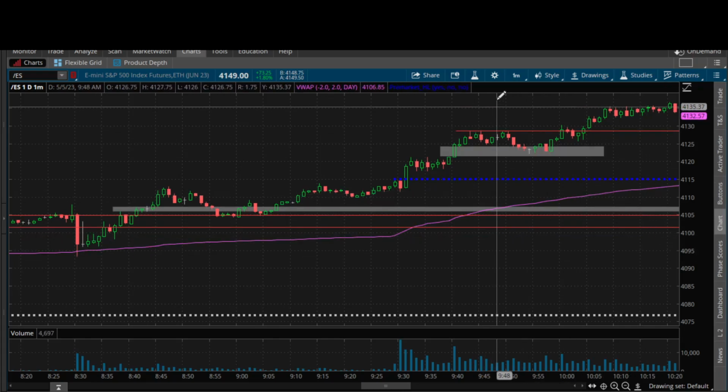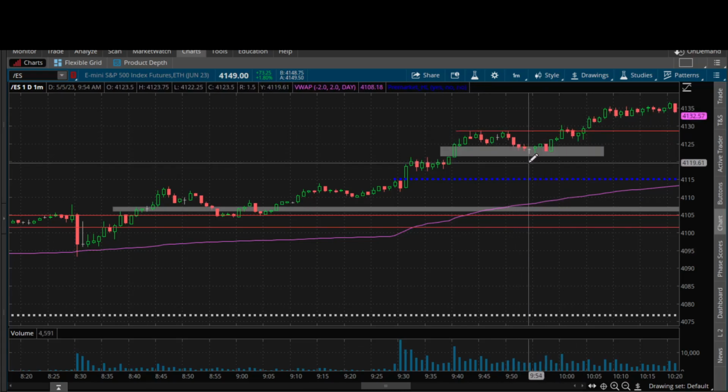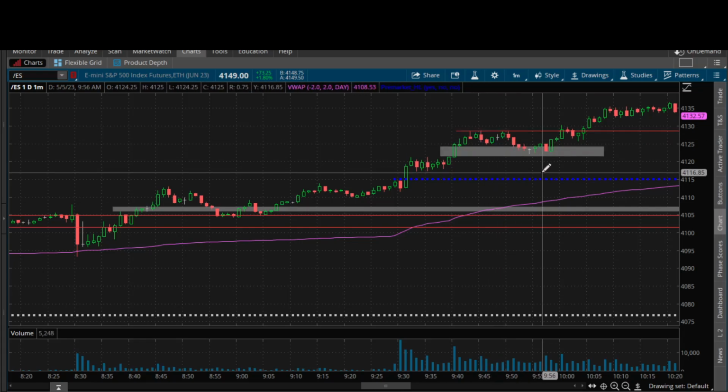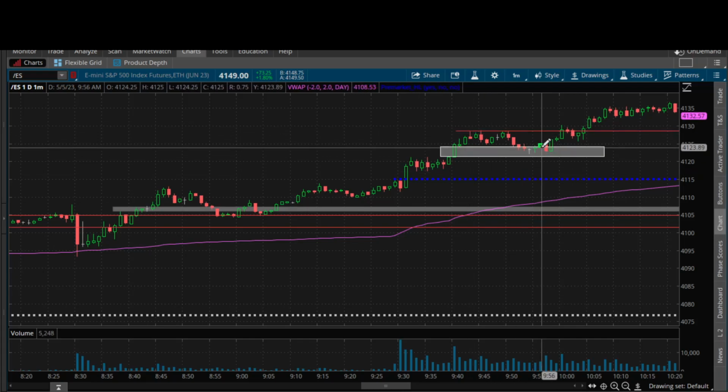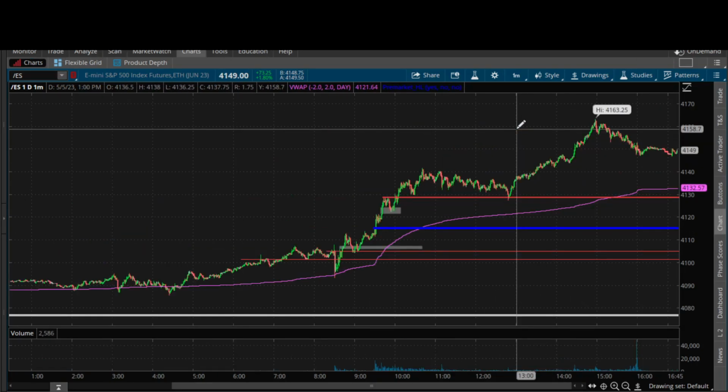Then we combine that with the fact that we're tapping into this imbalance, we cleaned out these sell stops, discount marketplace, no signs of weakness. It's still very strong. It's a nice play. And then it came up, took out those buy stops, and the rest is history.